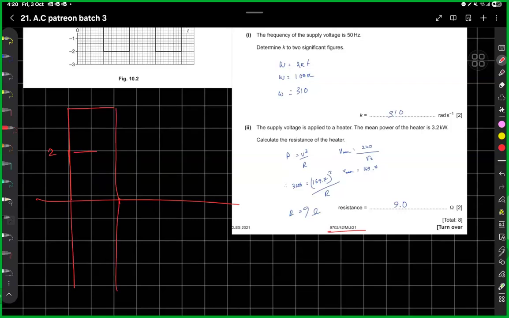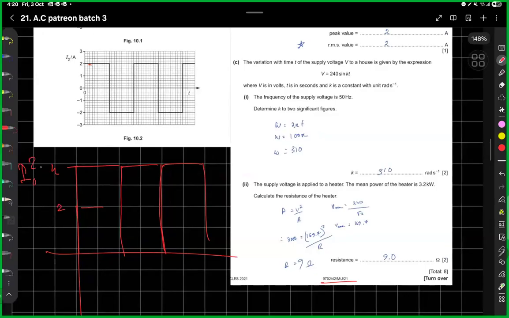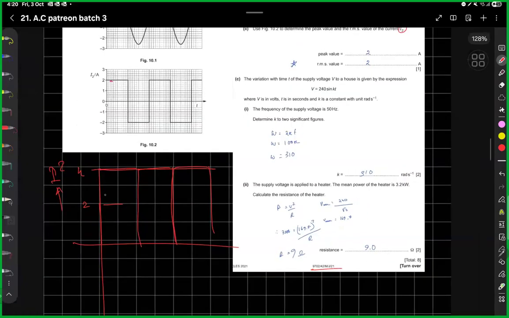And this was -2, and it will become +4, positive. So this is the I square value, I naught square value. So this is the constant value. So that is the mean square value. The mean square value is 4. And what is the root mean square value? Root over 4. And that is going to be 2. Answer is 2.